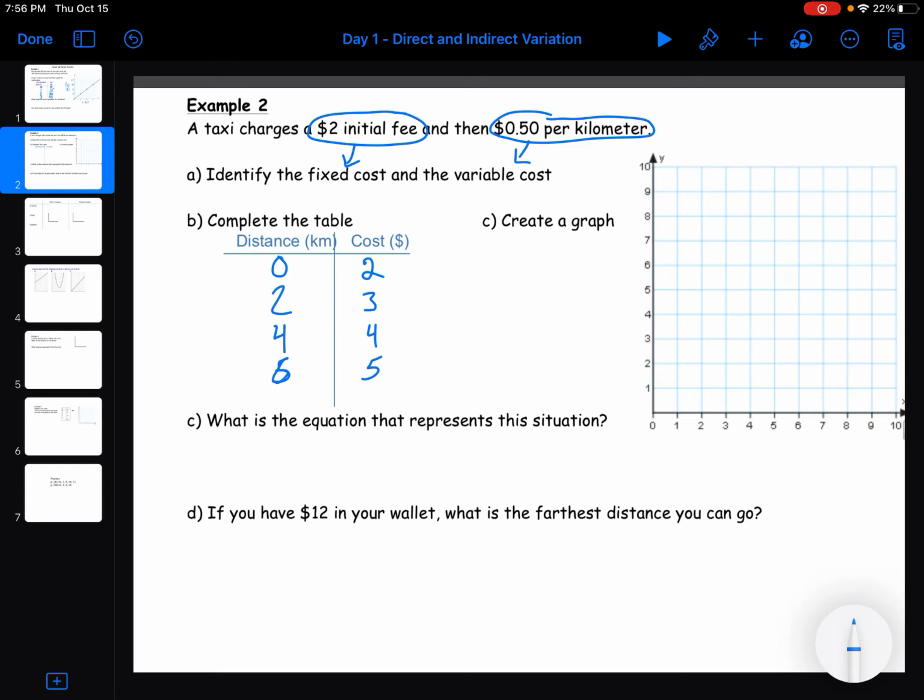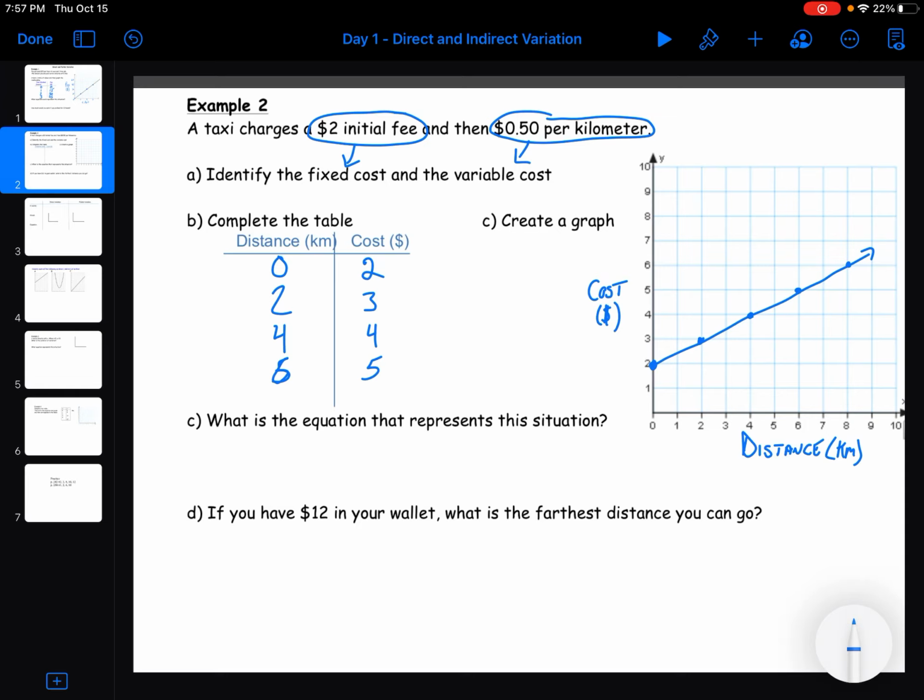So if we had cost on the y-axis and distance on the x, and this is in kilometers, we would have $2 at 0. Then we go 2 kilometers, we're going to have $3, and so on. It's going to look something like this. I'm not going to use the line this time. I'm just going to freehand a straight line, but our trend would continue like that.